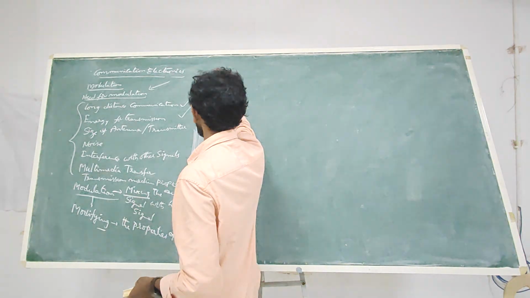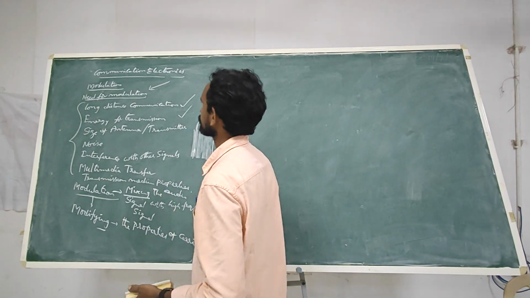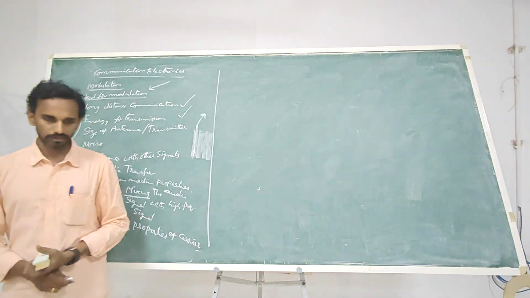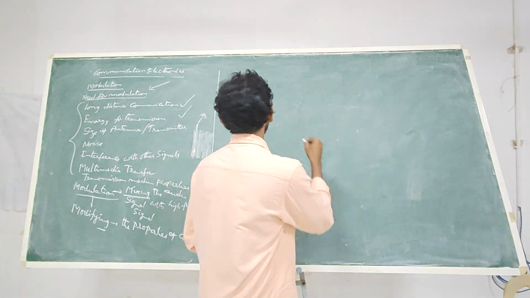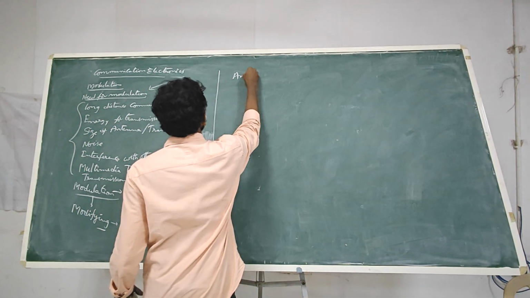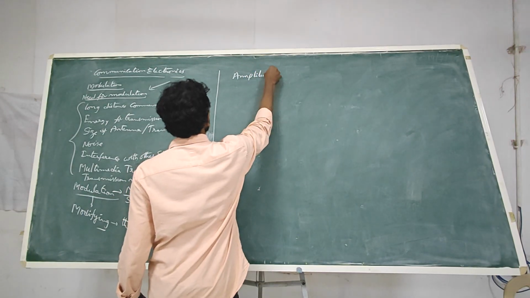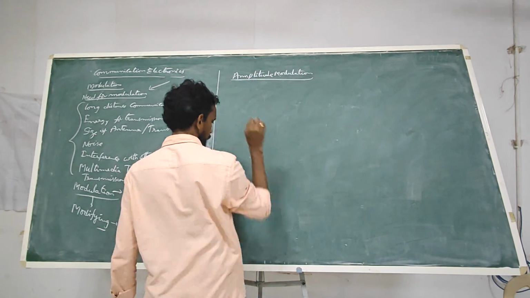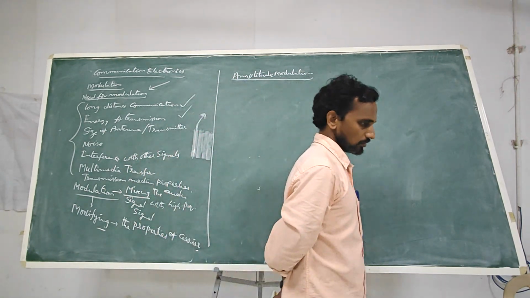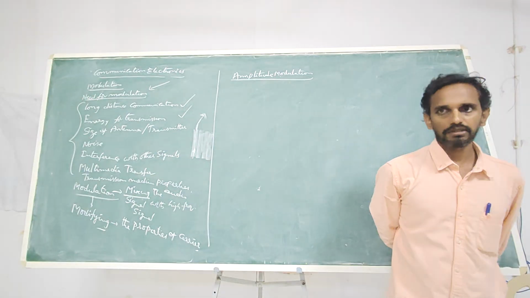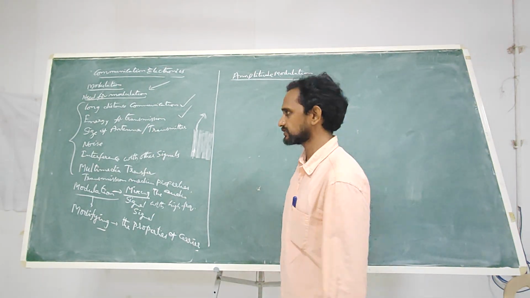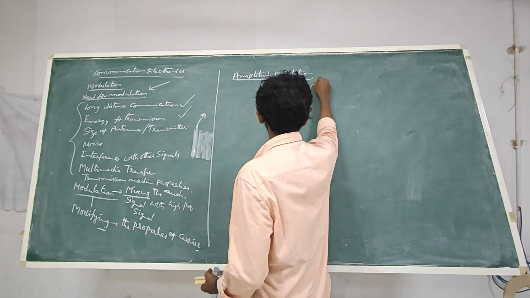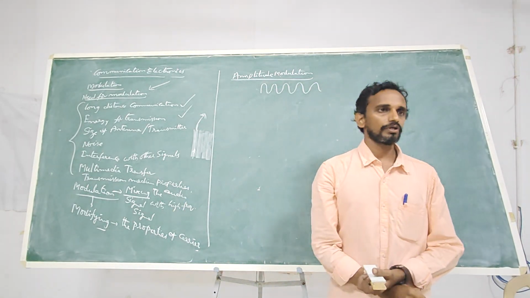Right? So now comes the first and most simplified type of modulation, amplitude modulation. When you consider the information signal as a wave, different properties of the wave can be altered.